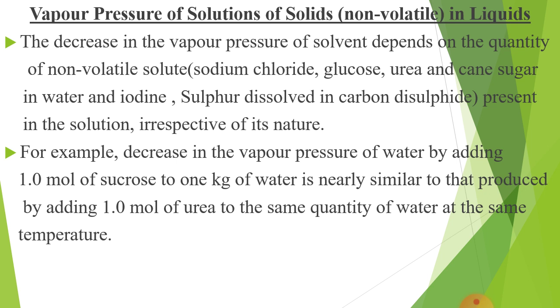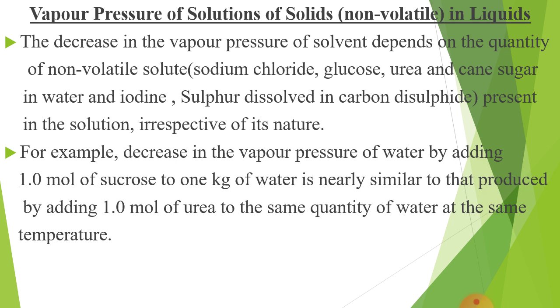present in the solution irrespective of its nature. That means either you take urea or glucose, this does not depend upon which type of chemical you have taken. This only depends upon the quantity of solute you have taken.